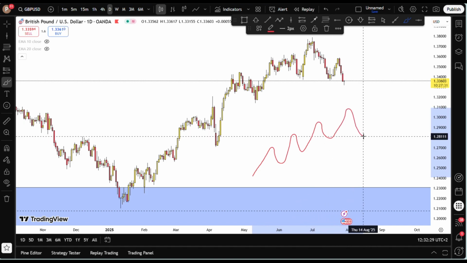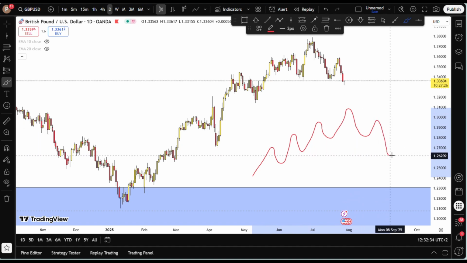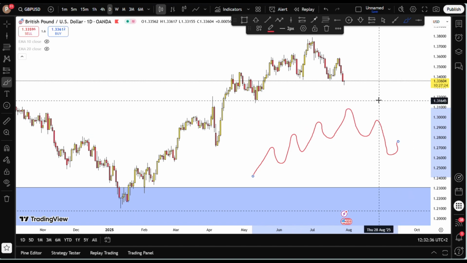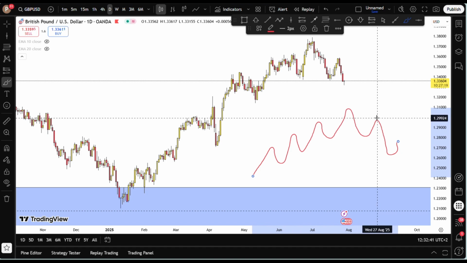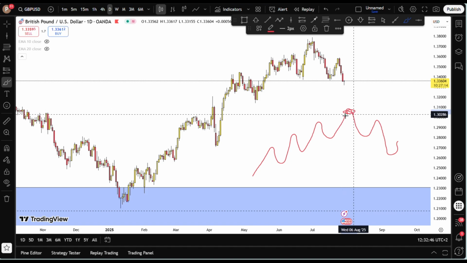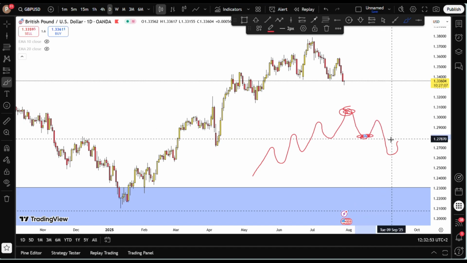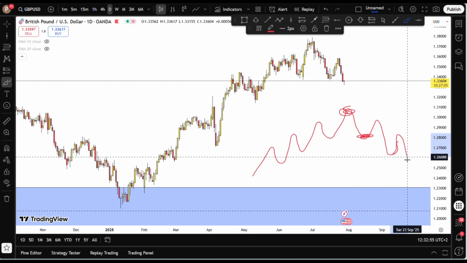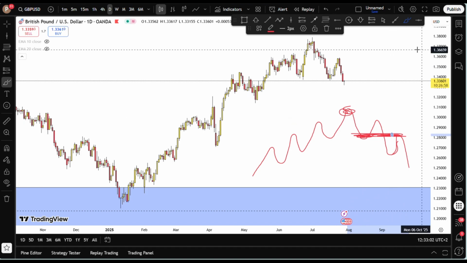If it fails to break a high and then comes and breaks a low, now we have a different situation, because now it broke a low. Meaning we are changing trends, right? Because it failed to go higher and break this high. Instead, now it might choose to break this low. And if it breaks this low, on this retest right here, that's where we can catch our move to the downside, right?